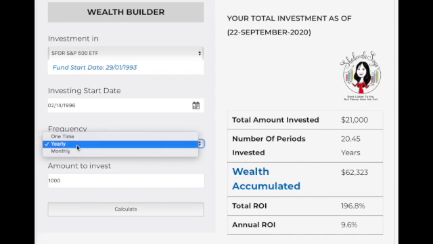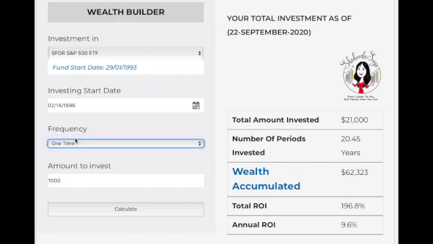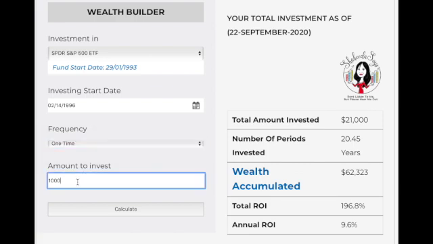For this particular example, let's just say on your birthday, one time, so when you were born, your parents were super happy and they invested $10,000 in the Spider S&P 500 in your name. Let's see how much that money would be worth today.